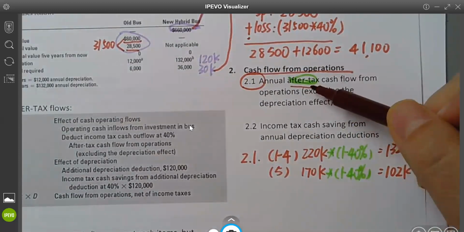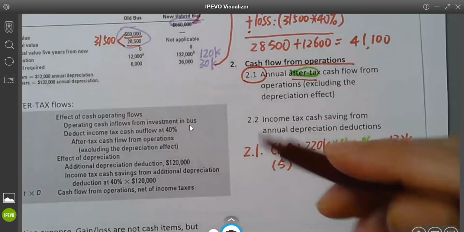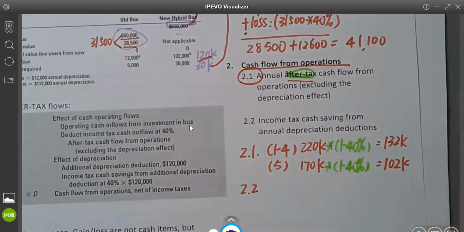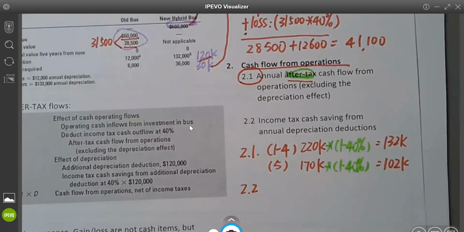This is after tax. And the second part is tax saving from the depreciation expense. Remember, because of the new box, every year our depreciation expense is increased by 102,000.